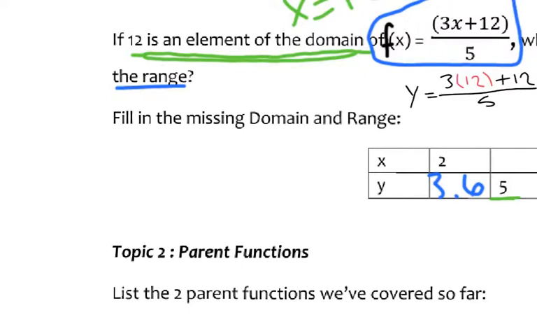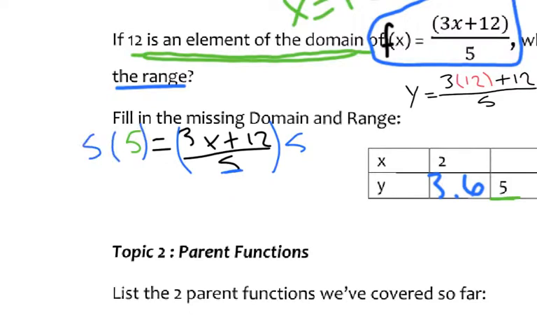If y is 5, I have 3x plus 12 all over 5. So I would have to multiply by 5 to get rid of this. The way I do to one side, I do to the other.